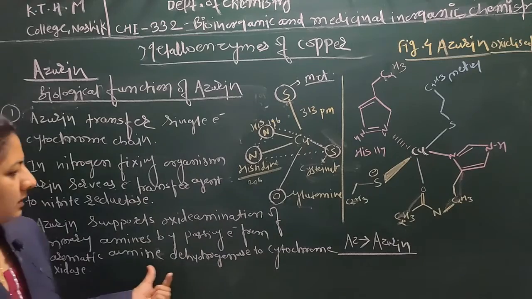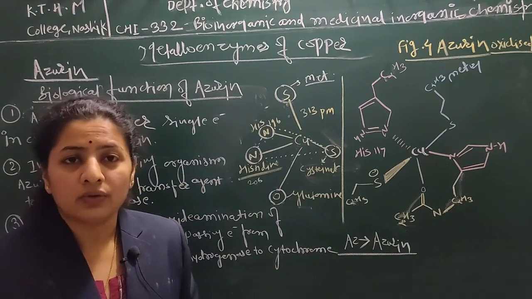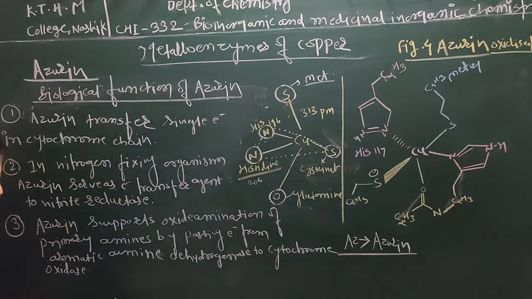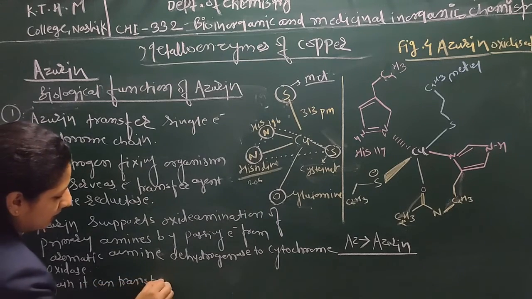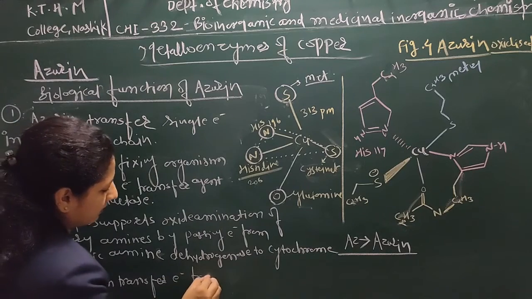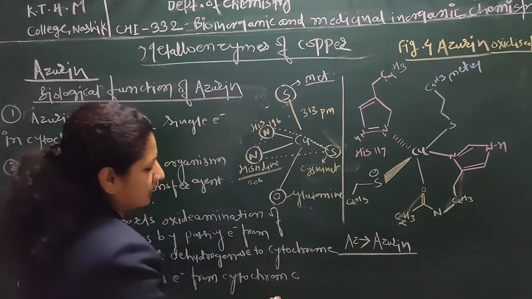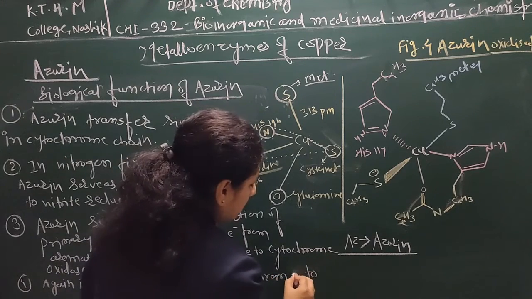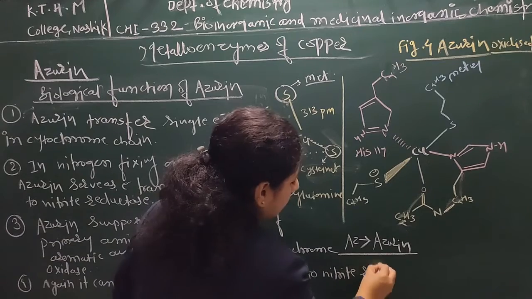Now from this cytochrome oxidase, it can again transfer from cytochrome C to nitrite reductase.